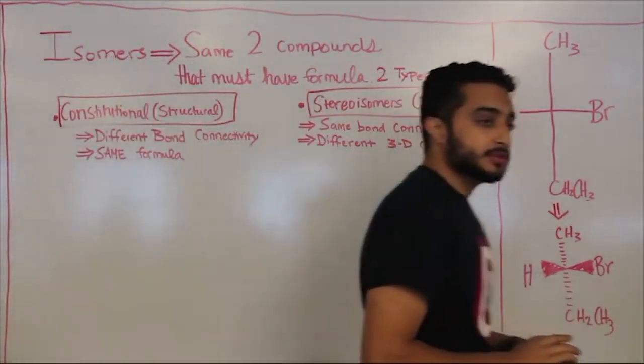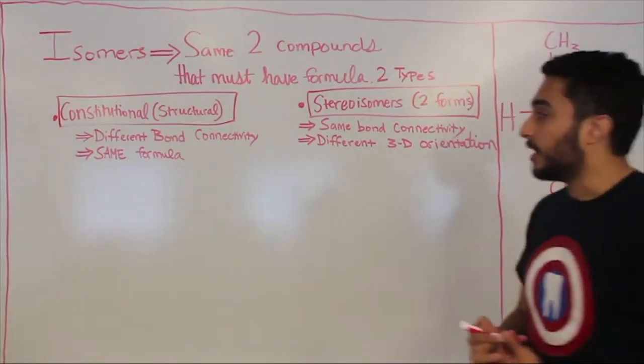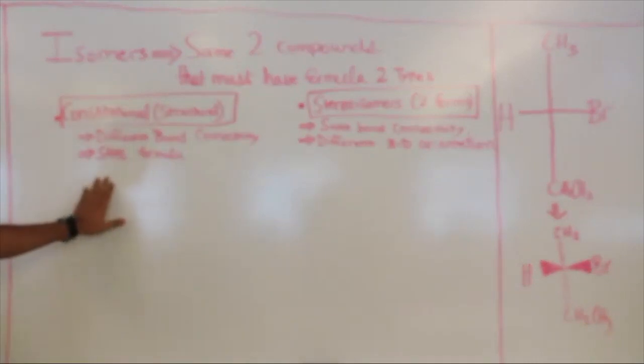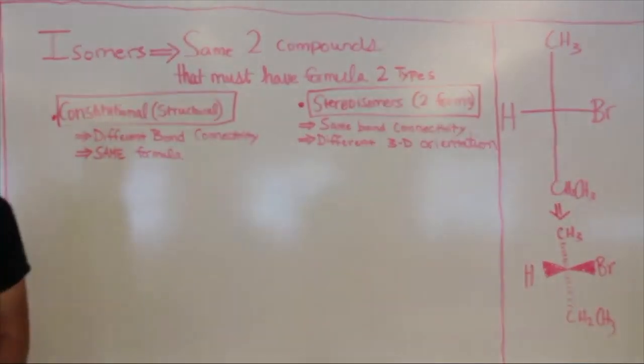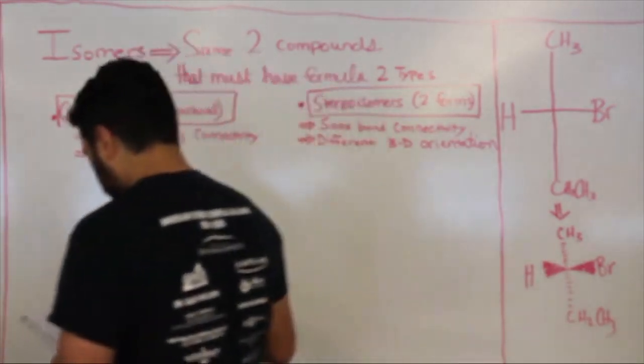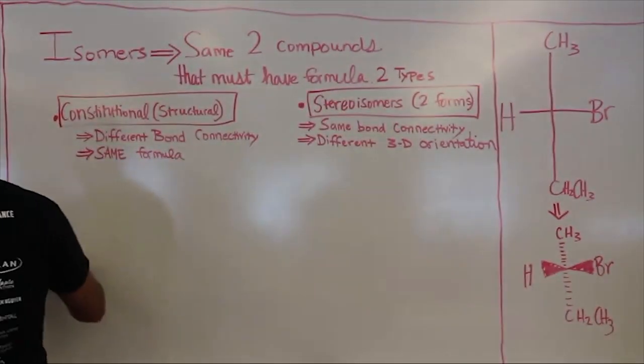Basically, the difference between the two is that constitutional isomers have different bond connectivity, but the same formula, okay? And I can give you an example of that. So, something like this.